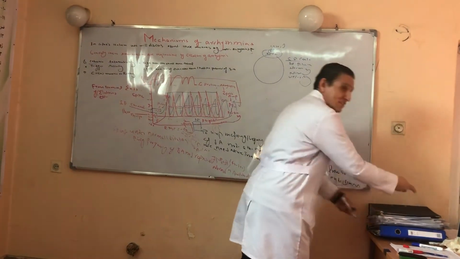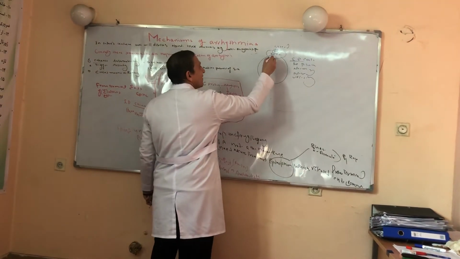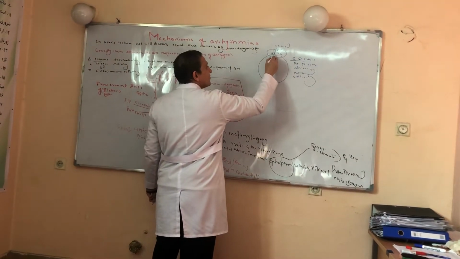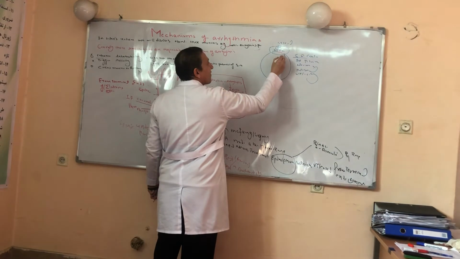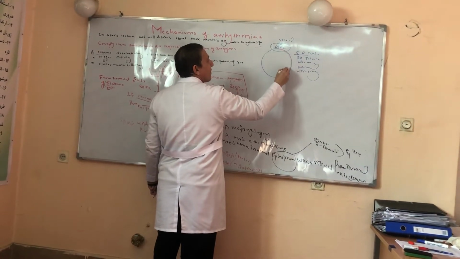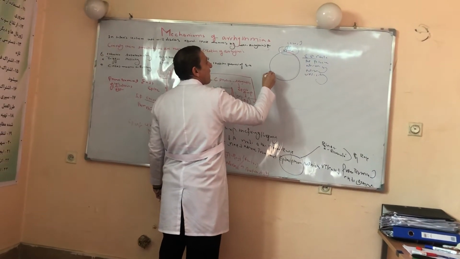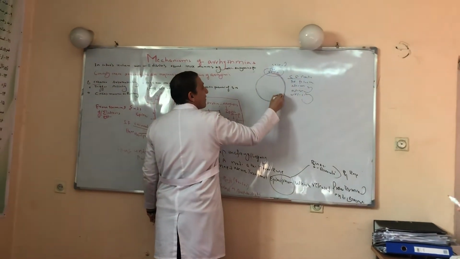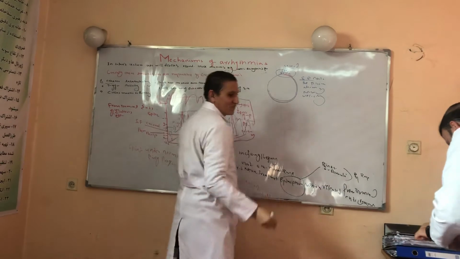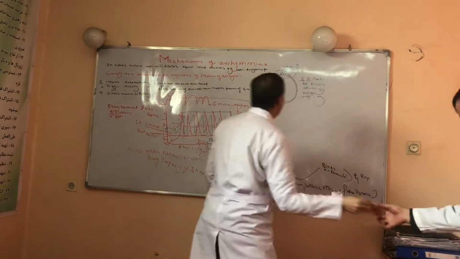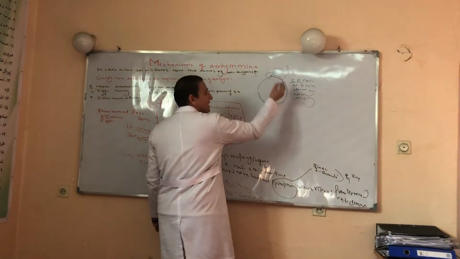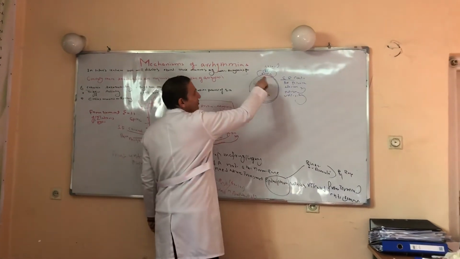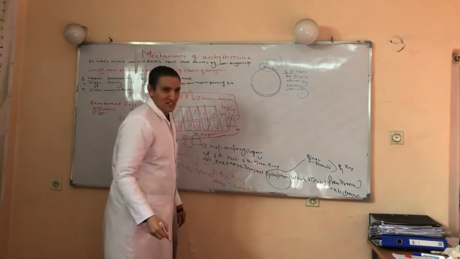An electrical impulse is generated, and this electrical impulse starts moving. You should check on this red one. This constant place is stimulated by the SA node.